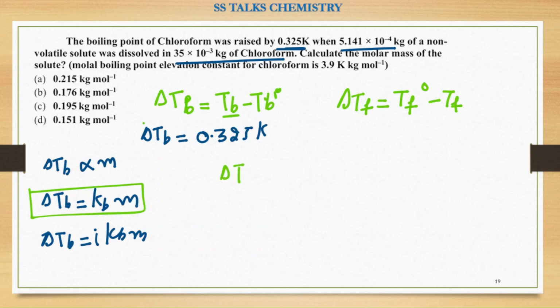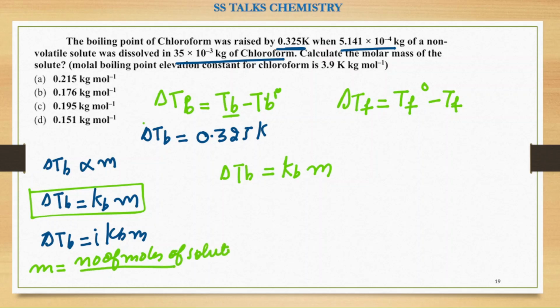So delta TB will be equal to Kb into the molality. Now, what is this molality term over here? Molality means the number of moles of solute upon the weight of the solvent in kgs.